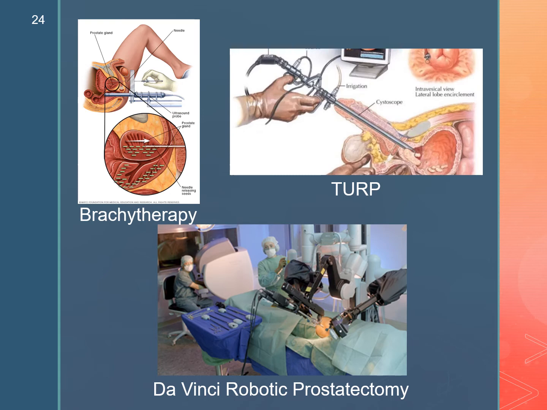You can see the scope, and then they also attach something to the scope called a resectoscope, and the resectoscope uses a monopolar cautery, and it will allow them to carve out little bits from the prostate and open up that pathway, the TURP. And then this bottom one is just showing the Da Vinci robot being used for a prostatectomy.